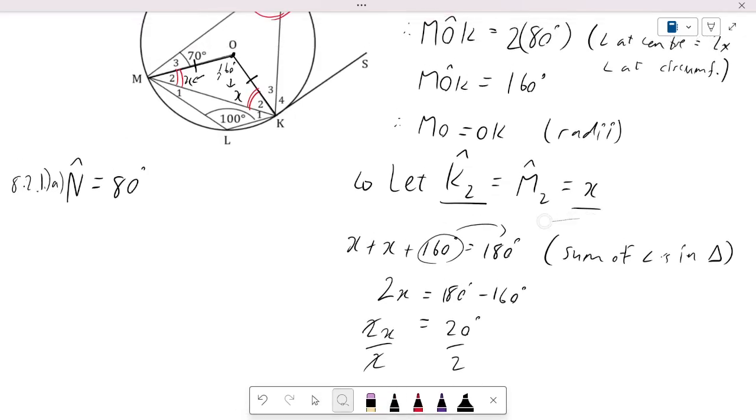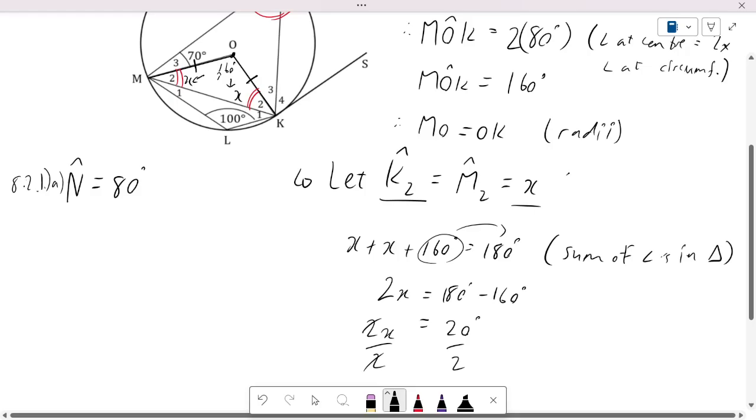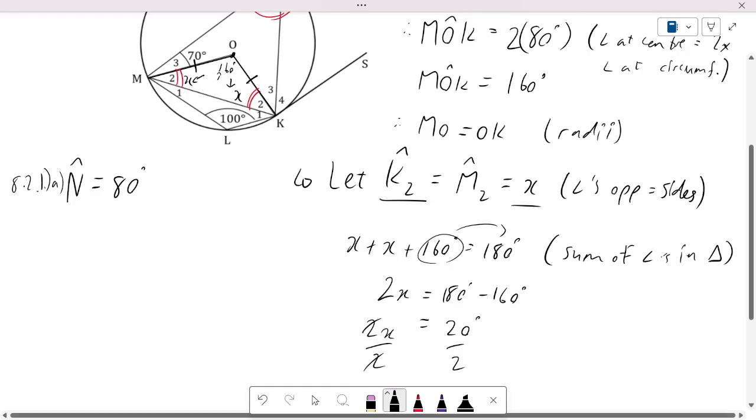For this one, the reason is because we have angles opposite equal sides. That is the reason why we could let both of them equal each other, because we have an isosceles triangle. So that is one of the other reasons that we should have had. I just realized it now because I'm pretty sure this reason had to be used in this question, because we are using an isosceles triangle.